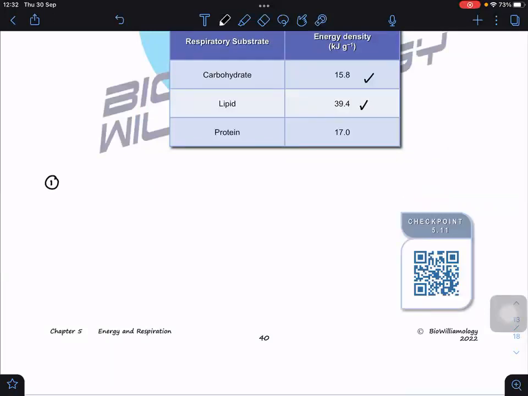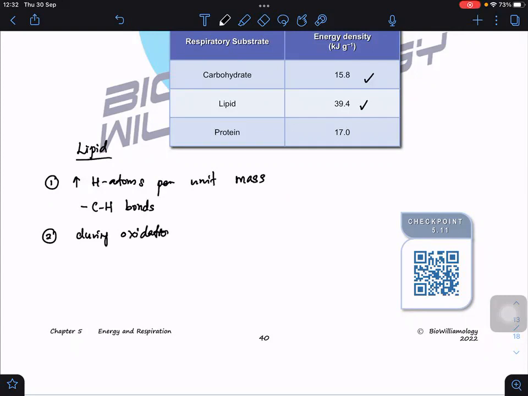First, we talk about this. Lipids have more hydrogen atoms per unit mass, or you can say they have more C-H bonds per unit mass. So during oxidation, more reduced NAD can be formed.